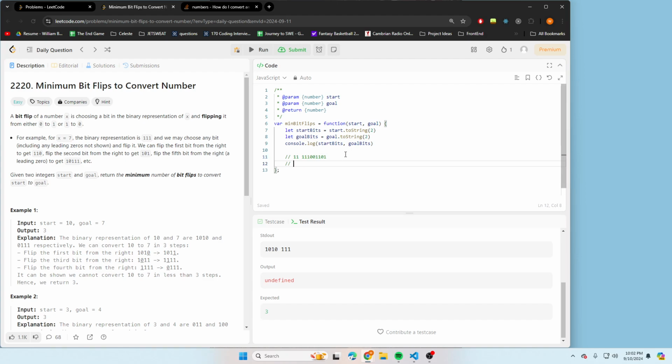My question right now is, what if the bits are of different length?